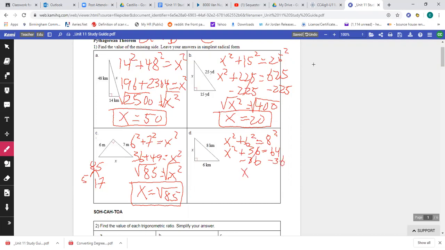And then I get x squared is equal to, and then 64 minus 36 is 28. And then now we're going to go ahead and square root both sides. Okay, now let's go ahead and try to break down 28. 28 is 4 and 7, and 4 is 2 and 2, so I do have one pair here. And then so x is equal to 2 root 7.